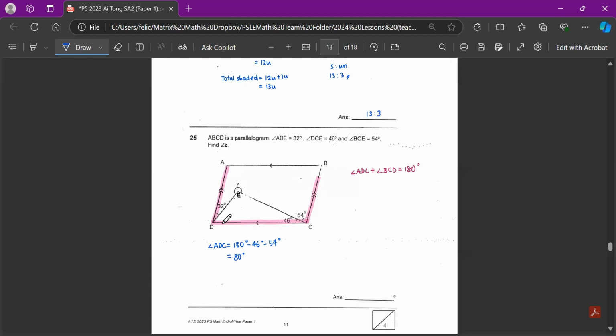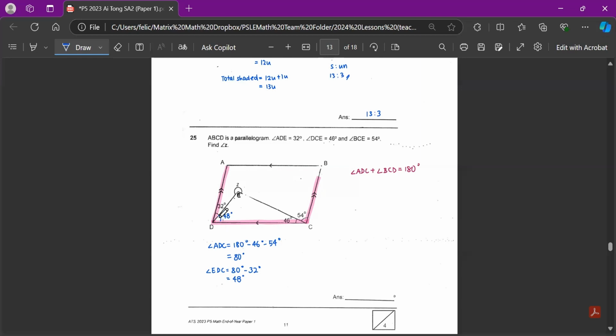Now if ADC is 80, I can find angle EDC inside the triangle. So you see, I'm slowly working my way towards the inside of the triangle. So 80 minus 32. Now I know that this is 48. We should write that down, 48 degrees.